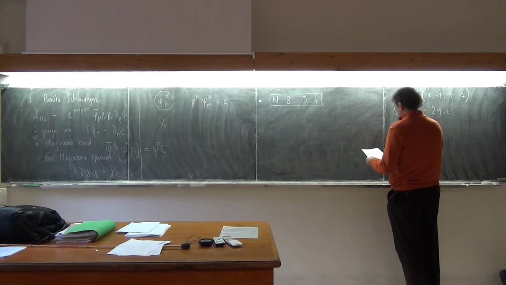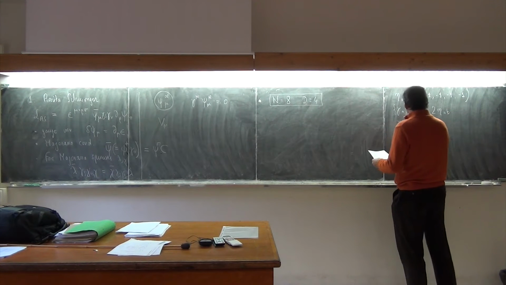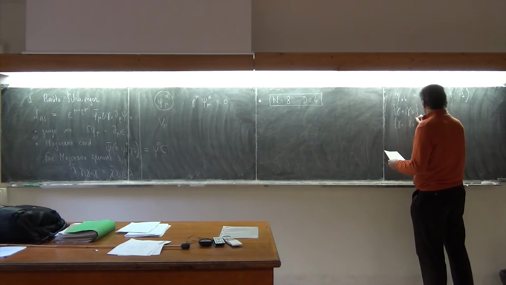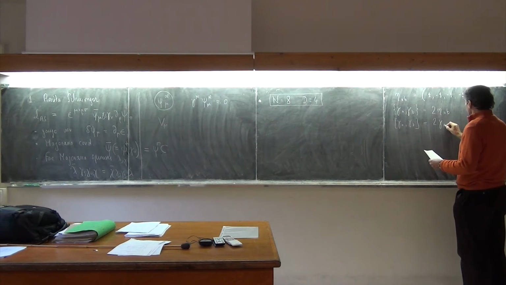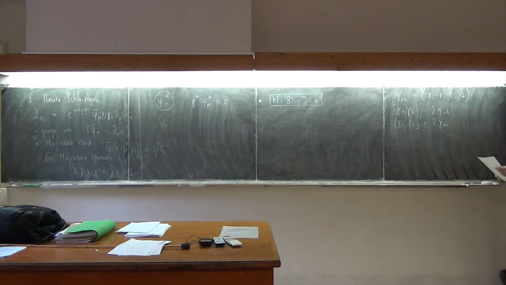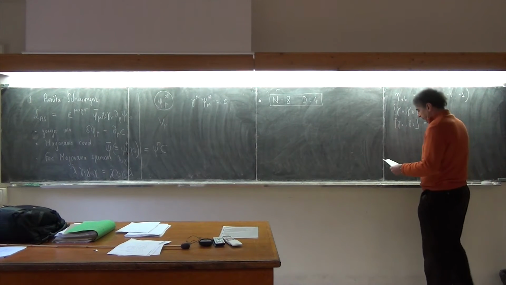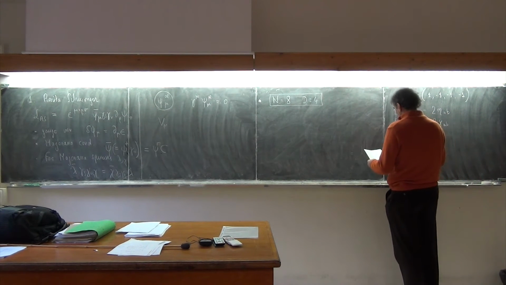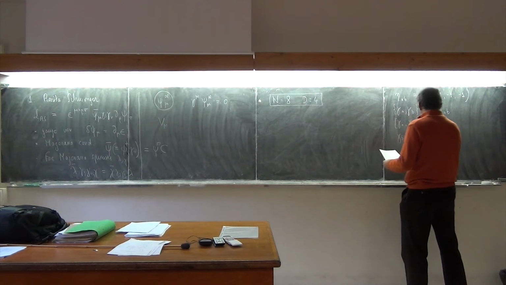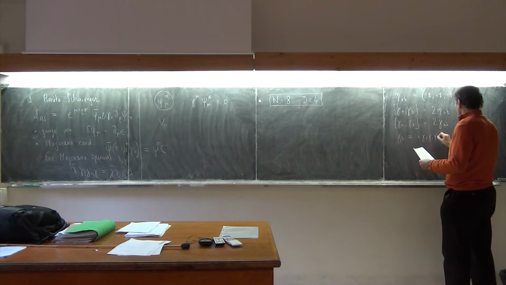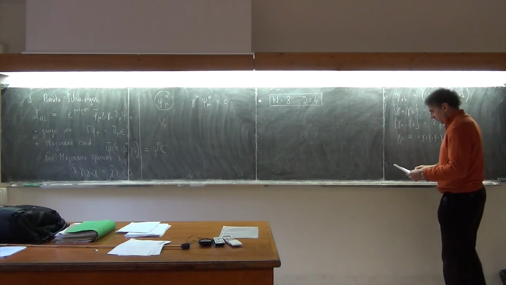Then the anti-commutator of two gammas will be written as a matrix gamma with two indices, anti-symmetrized. Then the gamma 5 is defined as i times gamma 0, gamma 1, gamma 2, gamma 3.